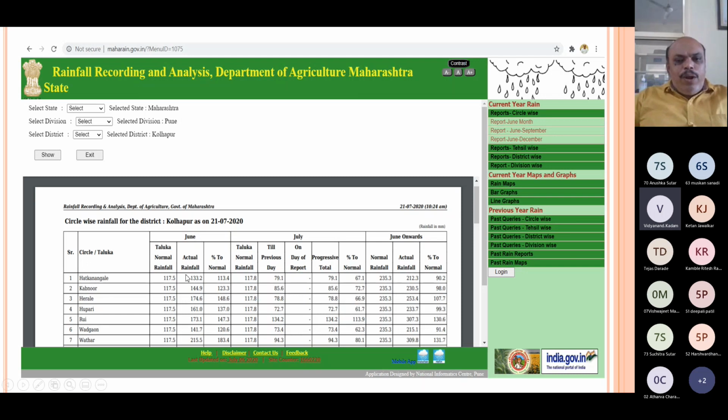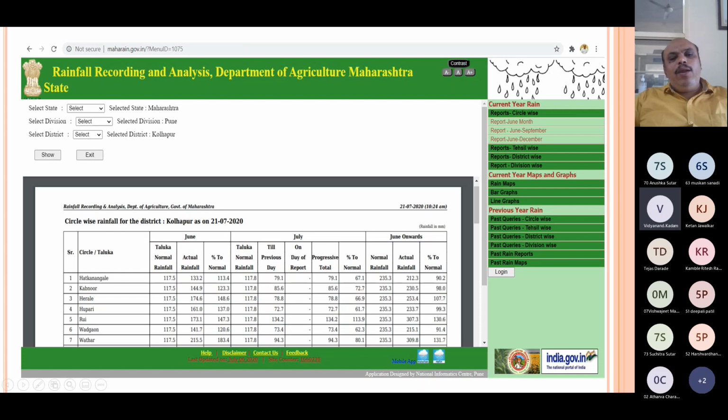So what is the percentage more than the normal? The percentage is 113.4. So last year, the actual rainfall in the month of June was more than the normal value. You know how the normal value is worked out. Here the taluka normal rainfall value is worked out for the June month.